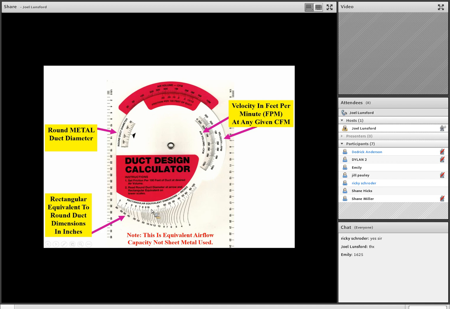Or maybe about a 10 by 15 would give me the same equivalent airflow.